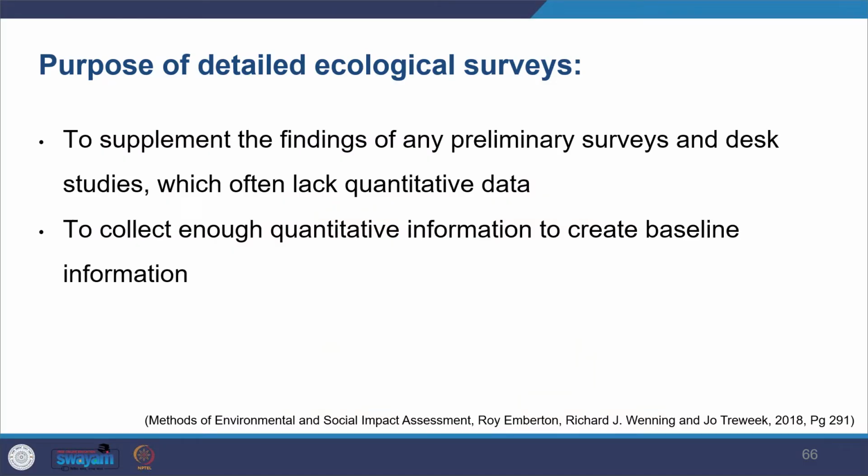Only when that information is not there, or it is a very important aspect, do you undertake those detailed surveys. The purpose of a detailed ecological survey is to support whatever findings you have made in your preliminary survey. So you support it with a detailed study, and you give the numbers to it.